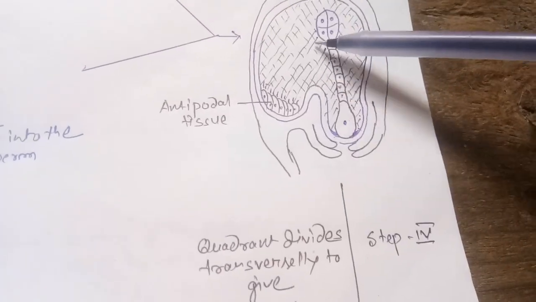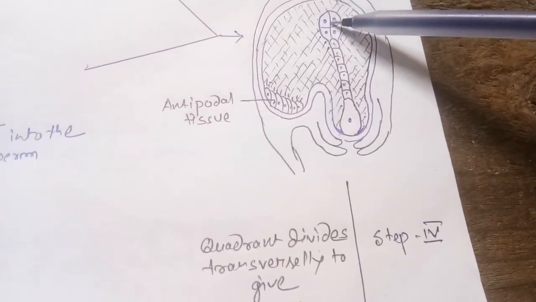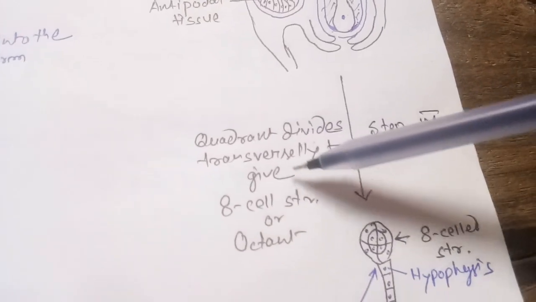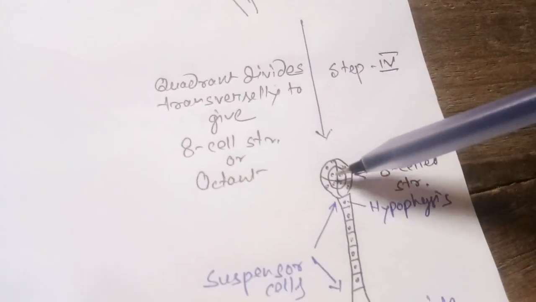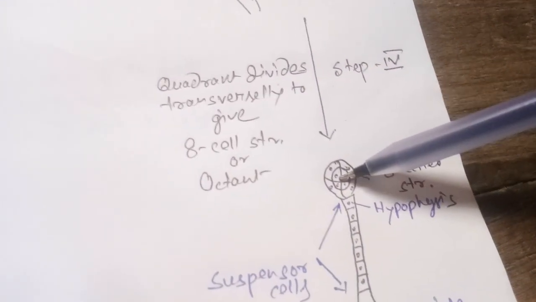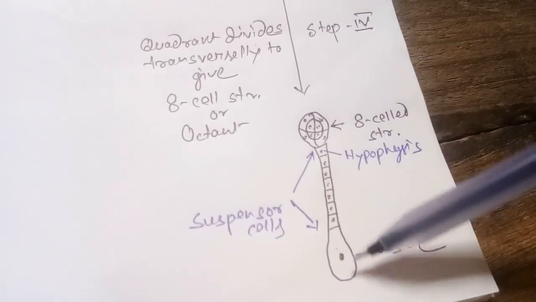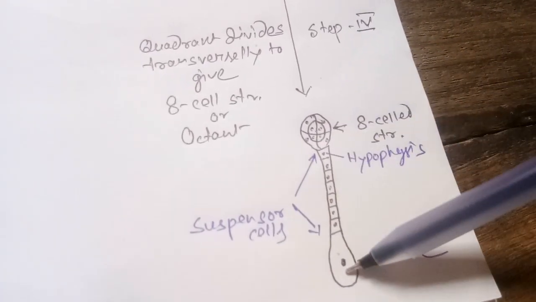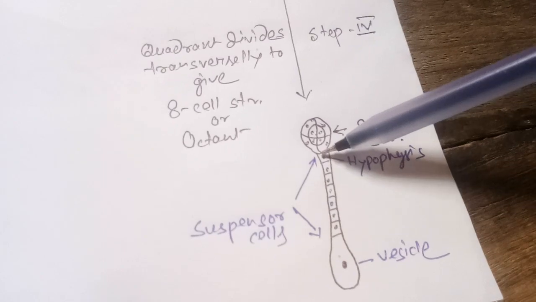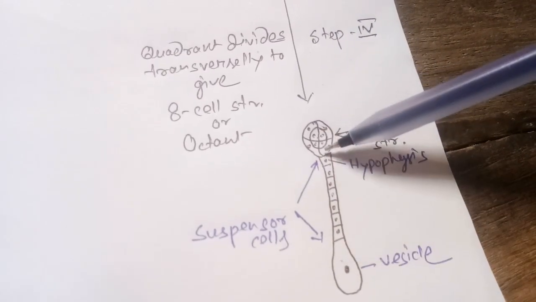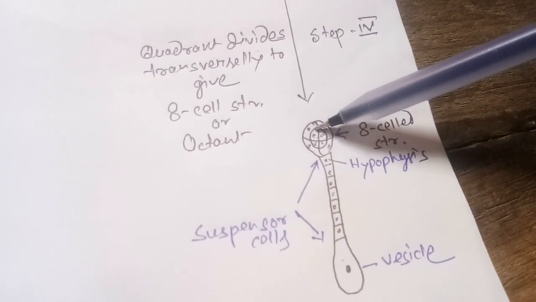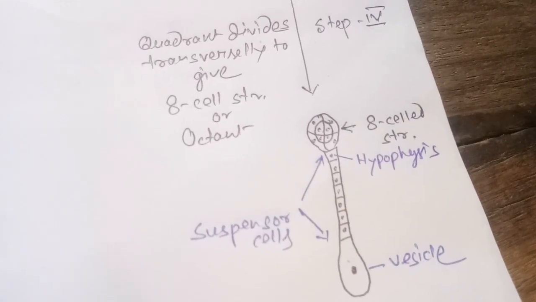In the next course of development, these 4 cells will divide transversely to give rise to this 8-celled or octant structure. So the total structure has been converted into this. This is the suspensor and this is the 8-celled globular pro-embryo.